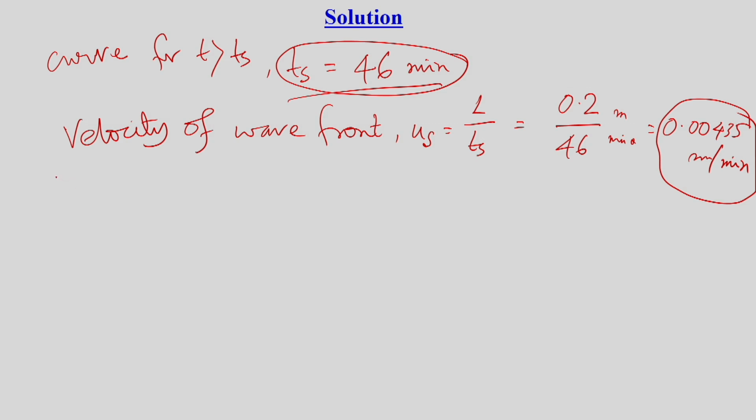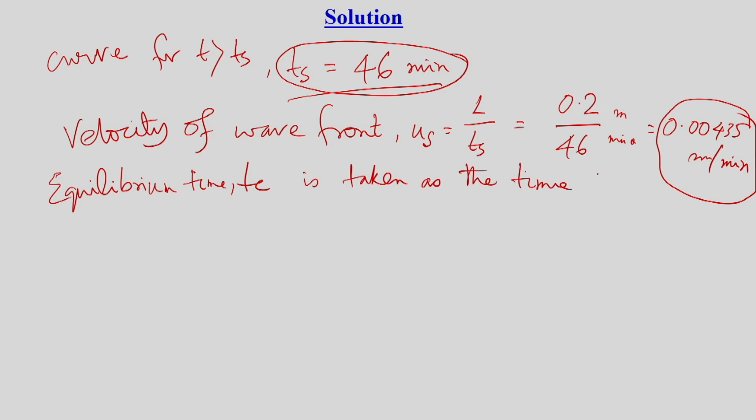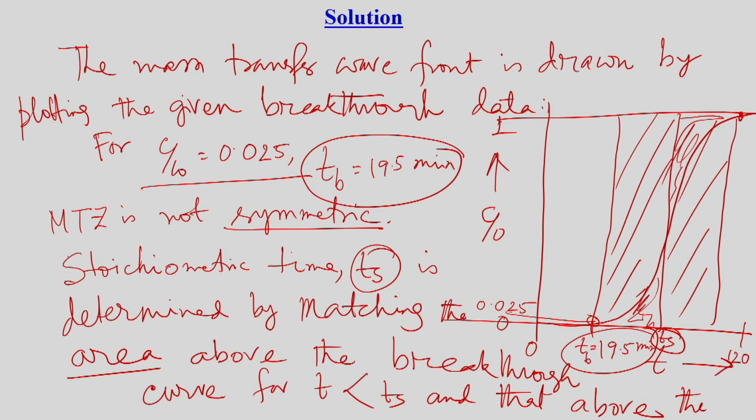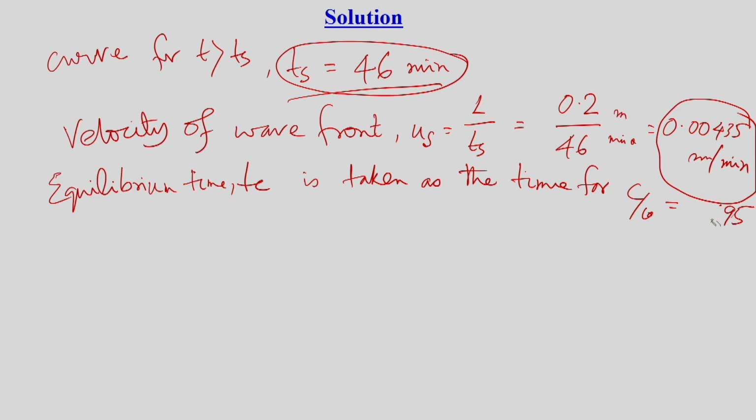And the equilibrium time T is taken as the time for C by C 0 equal to 0.95.